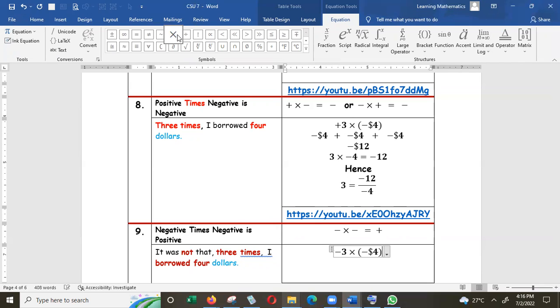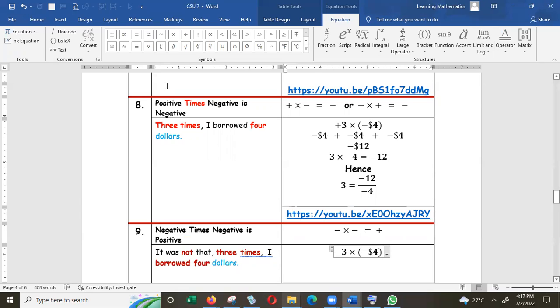Okay. It's like, that's not what happened. It wasn't 3 times I borrowed $4. Okay. So, but some transaction happened with 3 and 4.